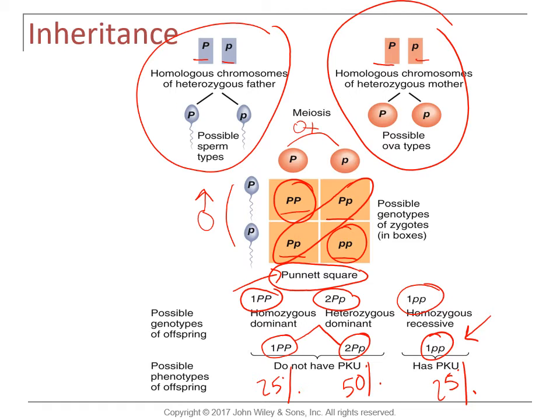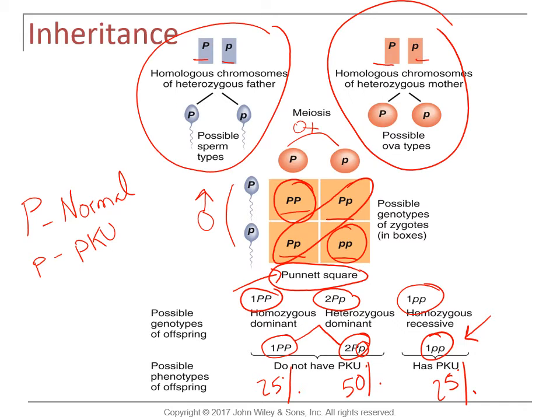Although people with a big P, little p genotype have one PKU allele, the little p, the allele that codes for the normal trait, big P, masks the presence of the PKU allele. The capital P is for normal, and the small p is for the PKU disease.